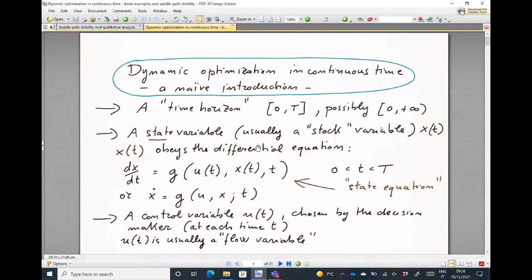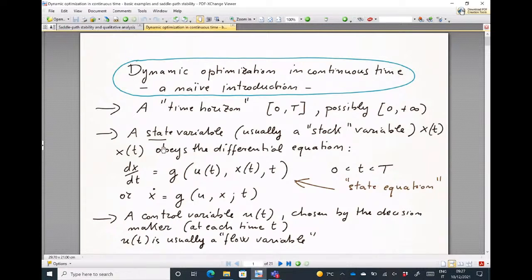Second, there is a state variable, which is usually a stock variable. The standard notation for the state variable or stock variable is x of t. And the stock variable accumulates over time, or decumulates over time, according to the choices of the decision maker about another variable, which is the control variable, or which is a flow variable. So the level of the stock variable cannot be changed by the decision maker immediately, okay?